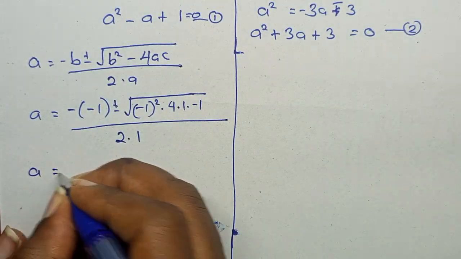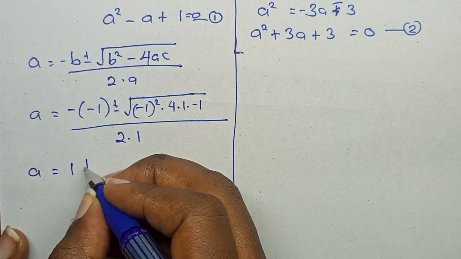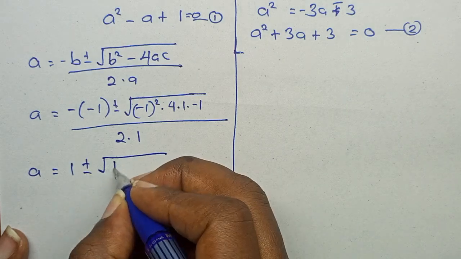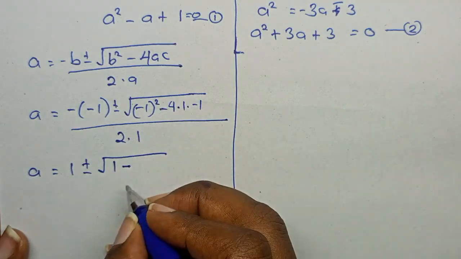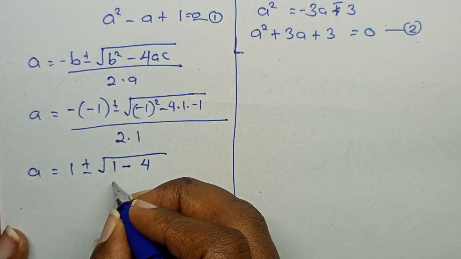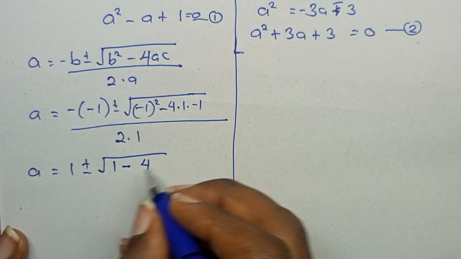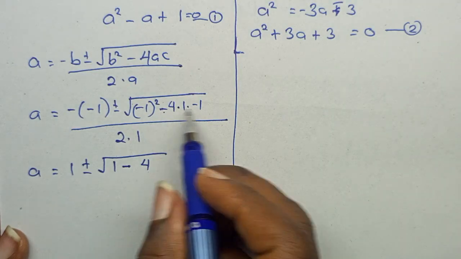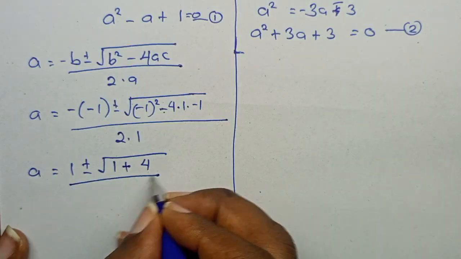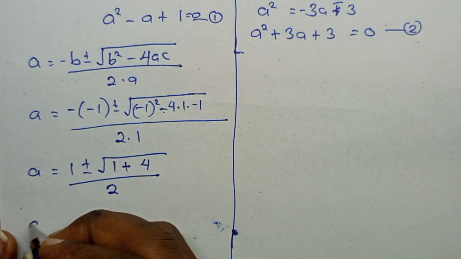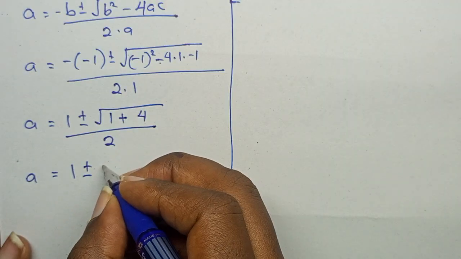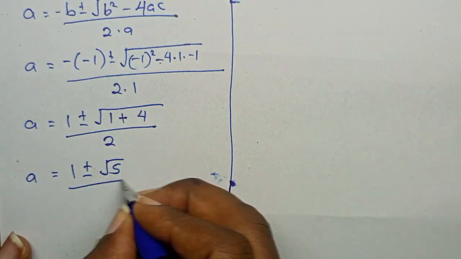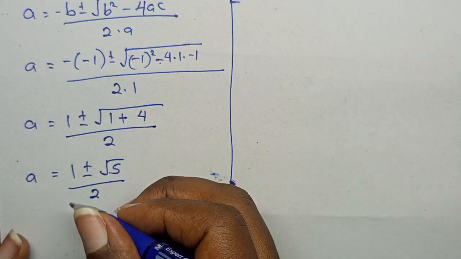So a is equal to 1 plus or minus root of 1 minus, this is minus 1 minus 4, no, positive, since negative times negative, so 1 plus 4 over 2. So a is equal to 1 plus or minus root of 5 over 2.